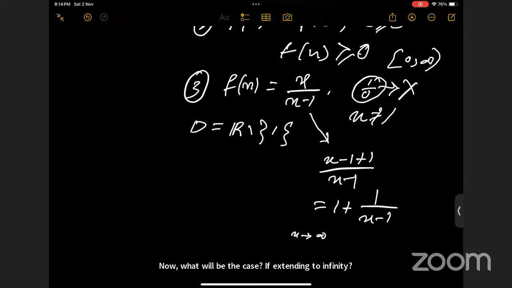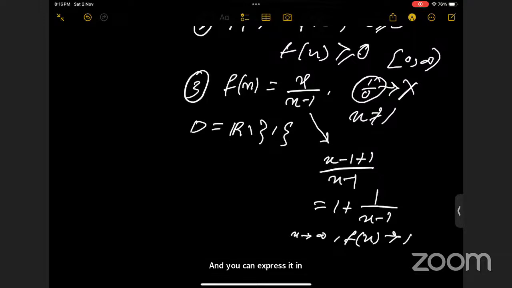It tends to 1. So if you are facing some doubt regarding the function, then you can cleverly do 1 or 2 steps and express it in a simplified way.